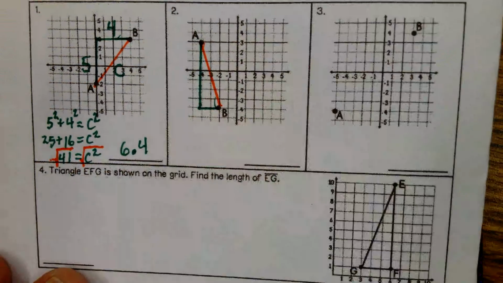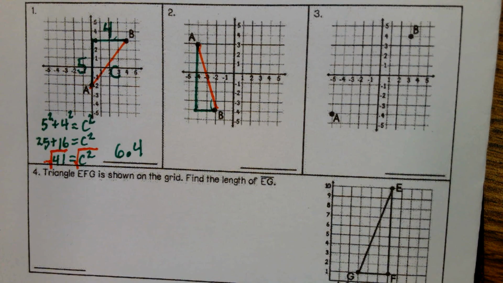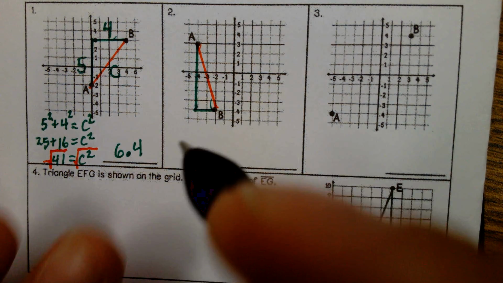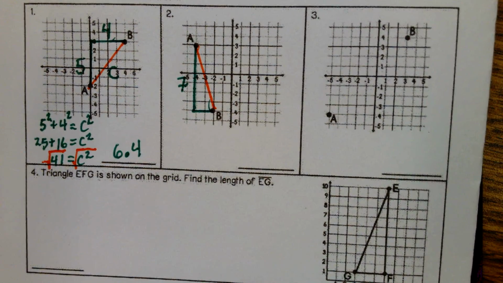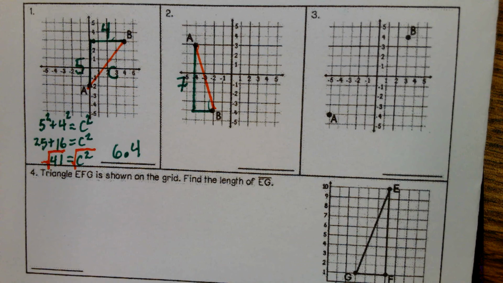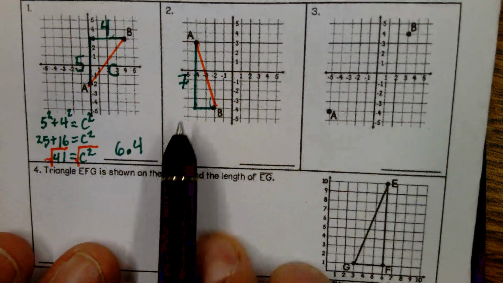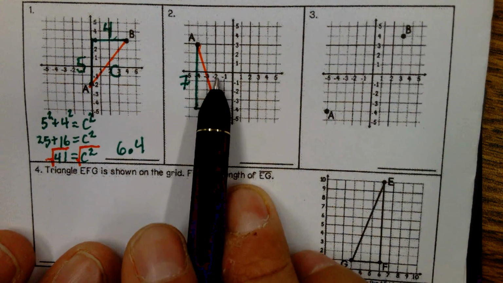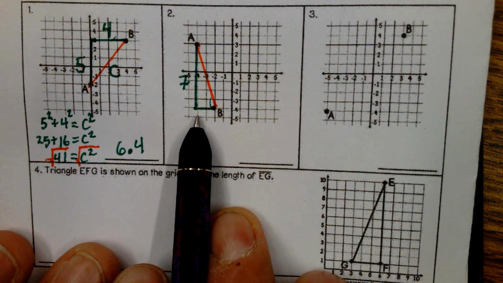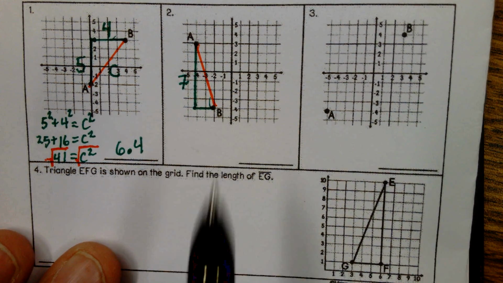That's 7. Well, we're just counting lengths though. So it's a total of 7 spaces, correct? So 7 is correct. We want lengths, and those are always going to be positive lengths. And so I went from -4 to -2, this way. From -4 to -2. So how many spaces is this? 2.